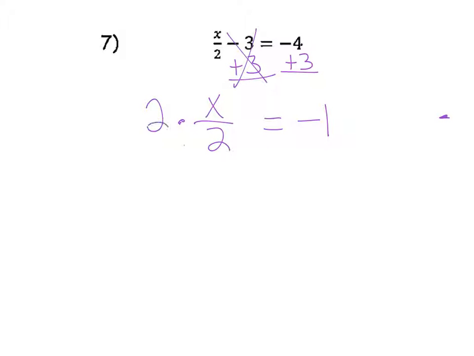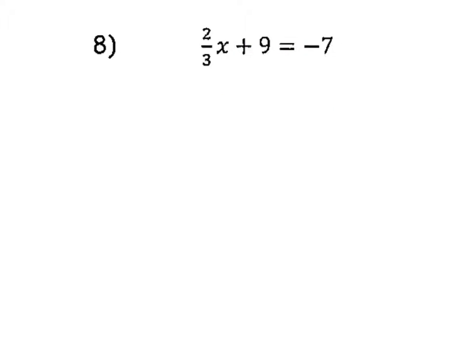Multiply to get rid of it. Twos cancel. Negative 1 times 2. Okay. All right.